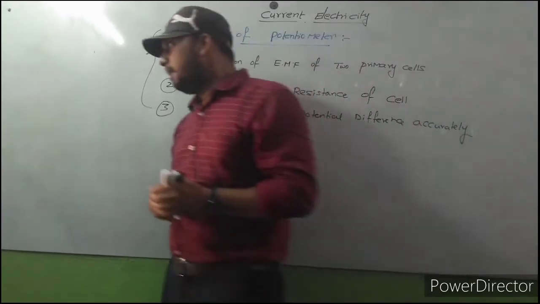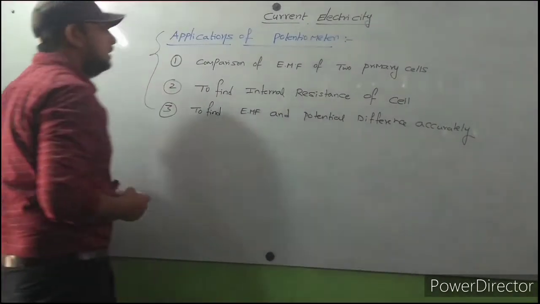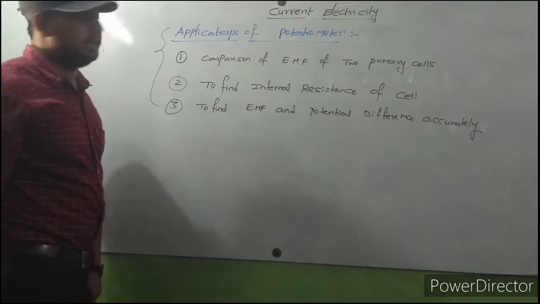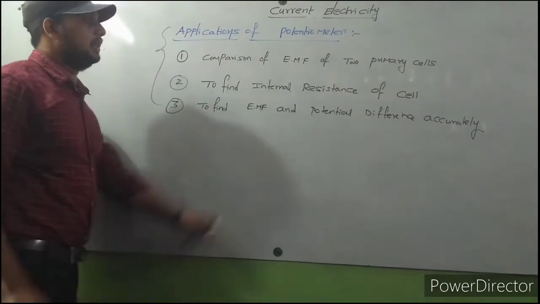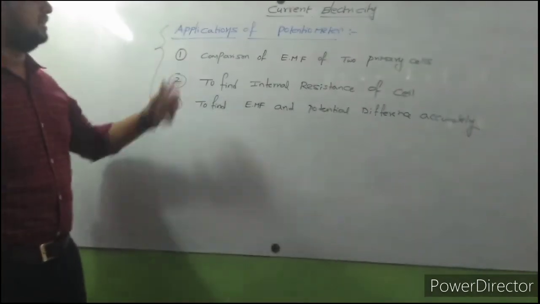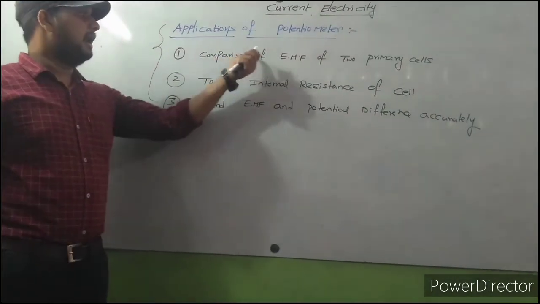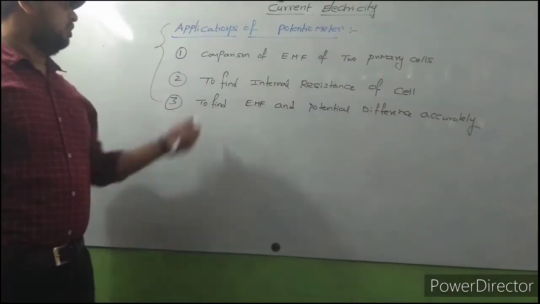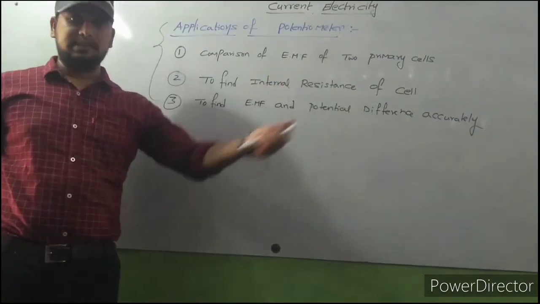Right. So mainly, dear students, we have three important applications of potentiometer. The first application is comparison of EMF of two primary cells. Next, to find the internal resistance of the cell.